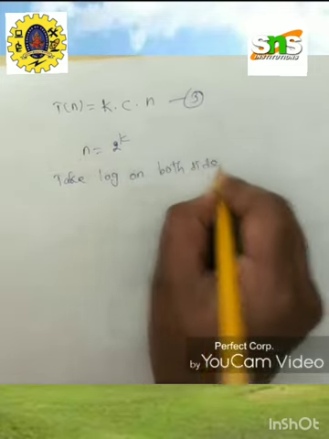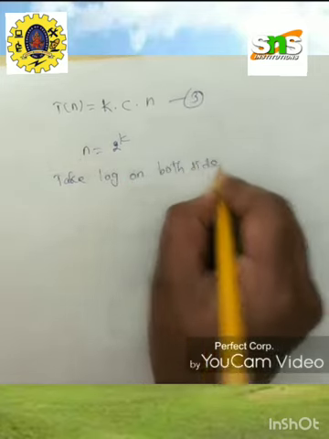Now you can simplify log n to the base 2 equal to k into log 2 to the base 2, by applying the formula. Here log 2 to the base 2 equals 1. So log n to the base 2 equals k, so k equals log n to the base 2. The k value is found as log 2 n.